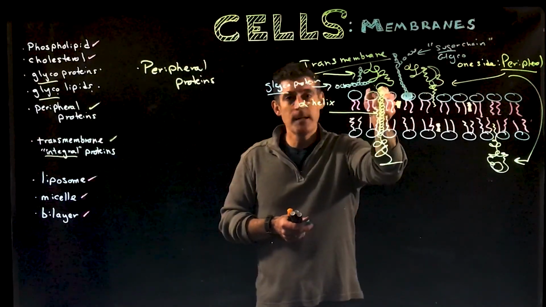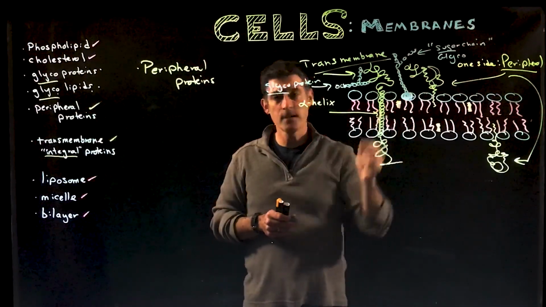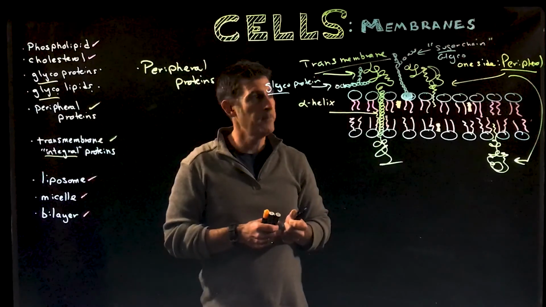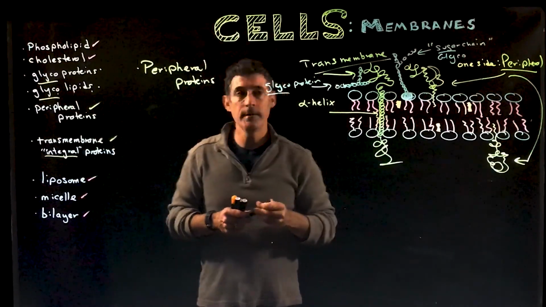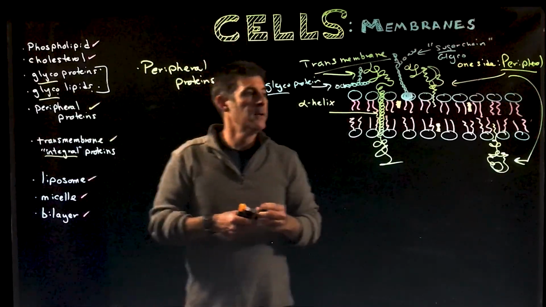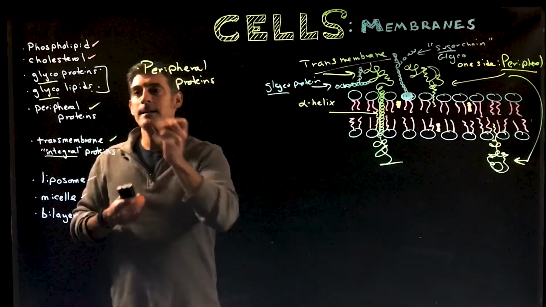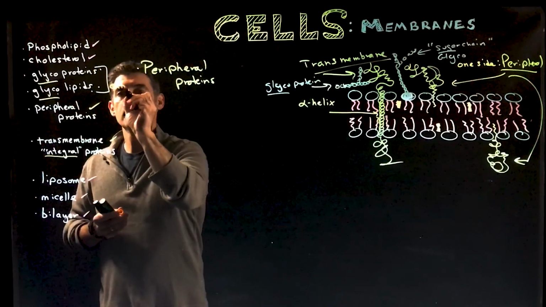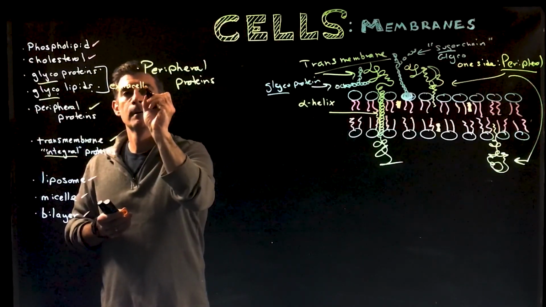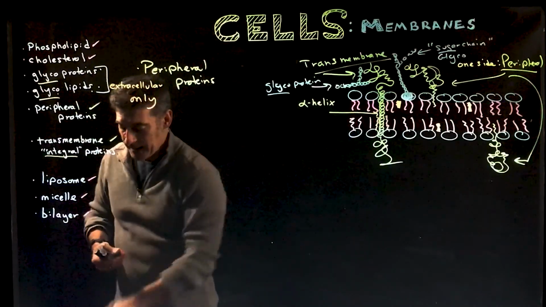And then it can either be attached to a protein, or to one of the phospholipids, which is a glycolipid. Now, the thing to note about the glycoproteins and the glycolipids is that they are only on one side. They are only on the outside. They are extracellular only. All right. Unlike the peripheral proteins.